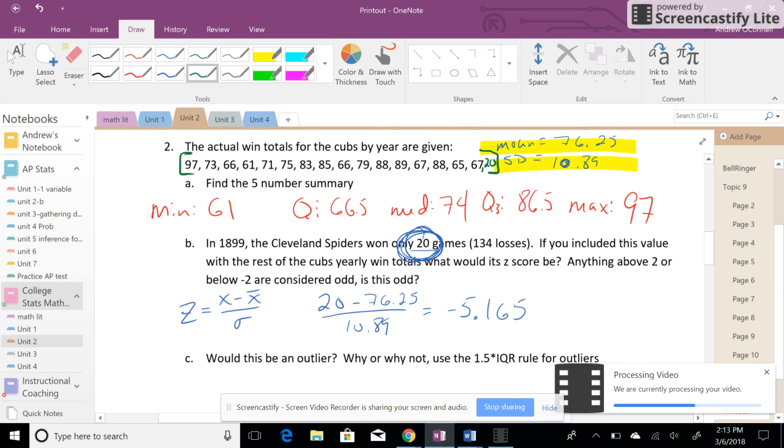If you did that, you would have gotten a different mean and standard deviation, which is 72.9 and 17.2. And then if you set that z-score up, still 20, but now it's minus 72.9 and 17.2.